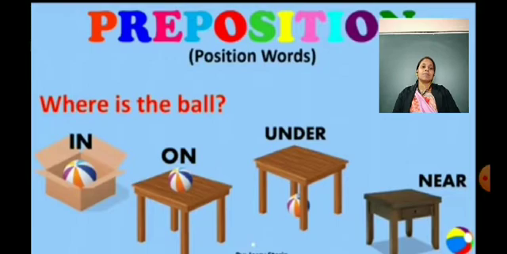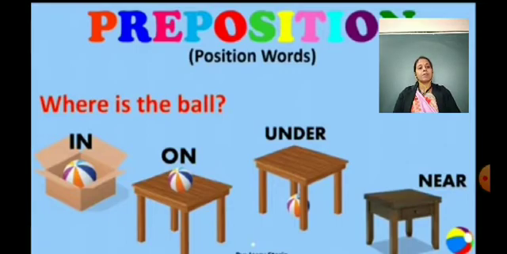In this picture you can see that there is a common ball and the ball is kept in different places. So the first question in your mind is, where is the ball?